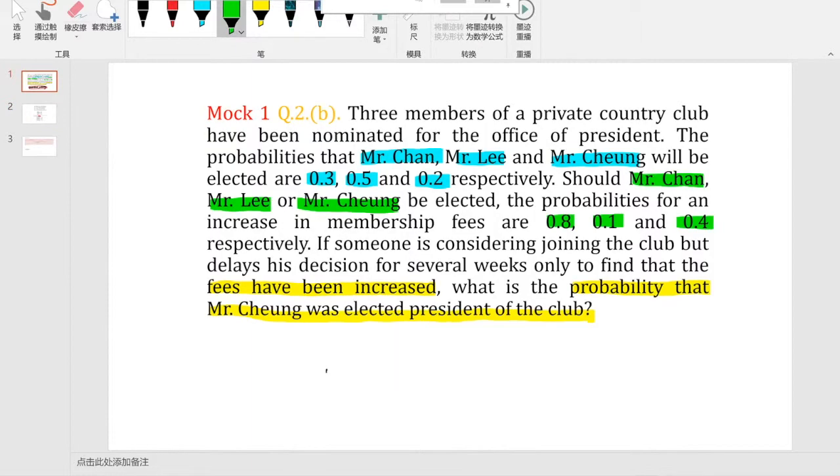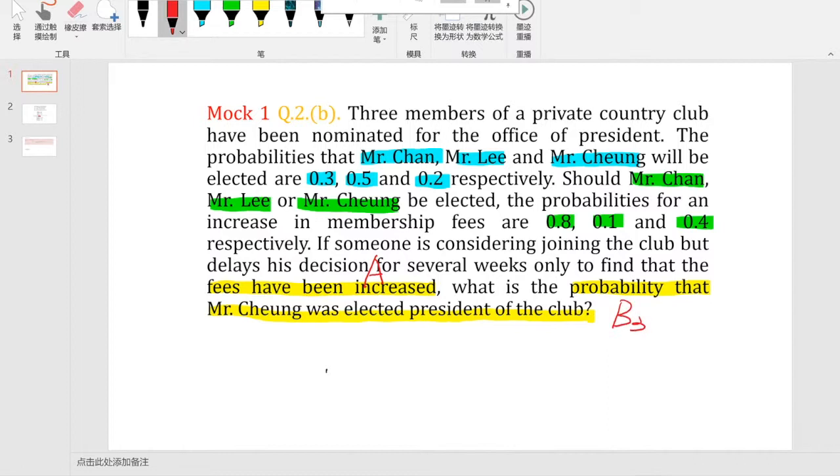The question asks us for the probability that Mr. Chung was elected as the president, given that the fees have been increased. So this event is A, and this event is B3.